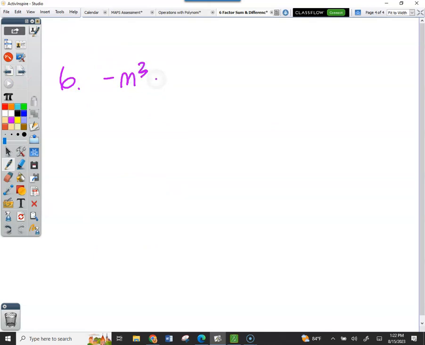So you would pull a negative out of the whole thing. This is not solving. This is just factoring. So when you pull GCFs out, they're still there throughout the problem.